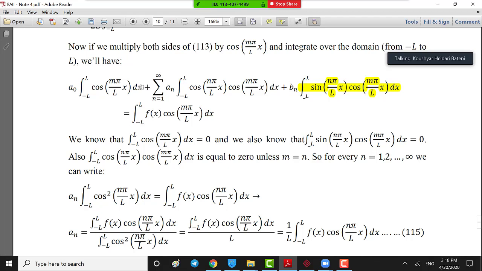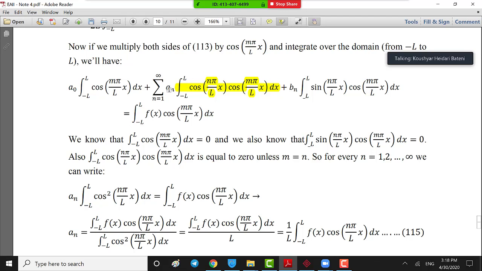Now, this integral also is going to turn out to be 0 for every positive integer value of m. Now, the only integral that can be equal to something non-zero is this integral, and in one specific case, and that specific case is when m is equal to n, right?